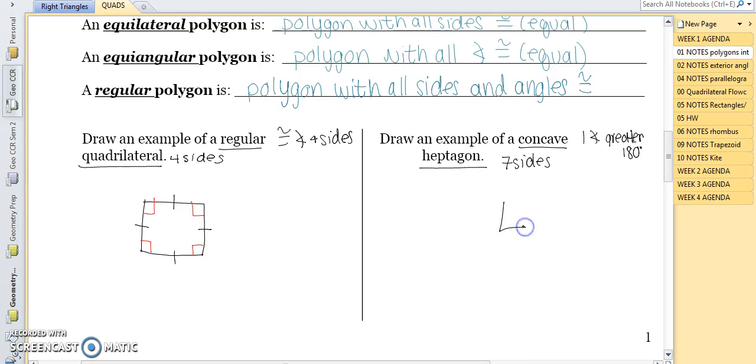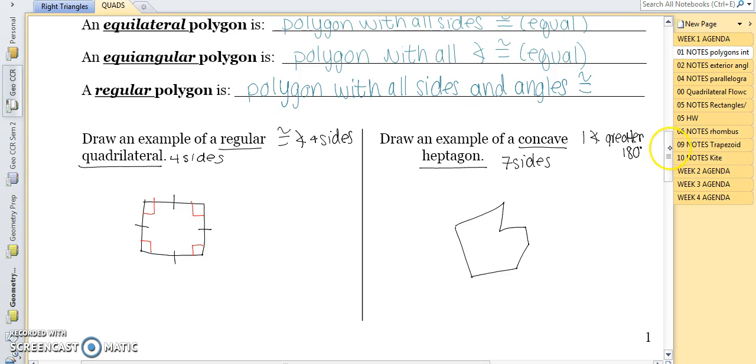I'm going to create that acute angle, technically acute angle. And then I want 7 sides. I want 5 more sides. Right now I have 1 and 2, which create that angle. So I'm going to go 3, 4, 5, 6, 7. 1, 2, 3, 4, 5, 6, 7. Awesome. So right now I have a concave heptagon.